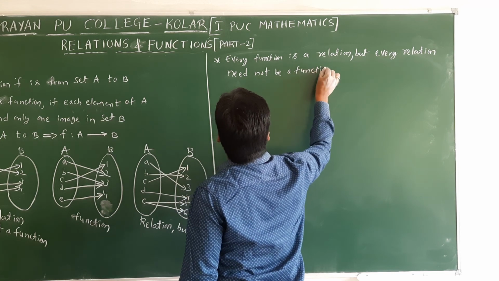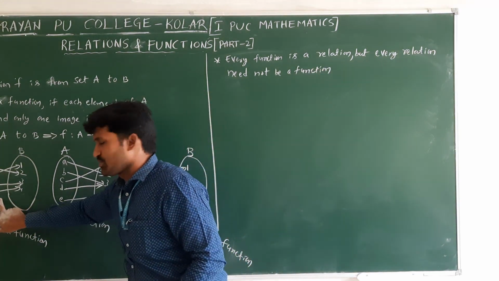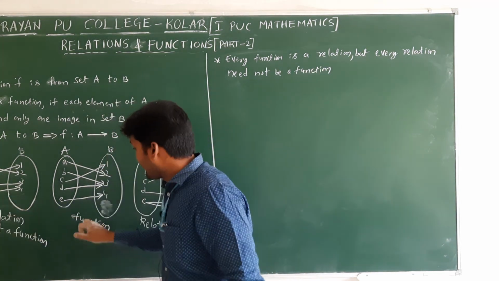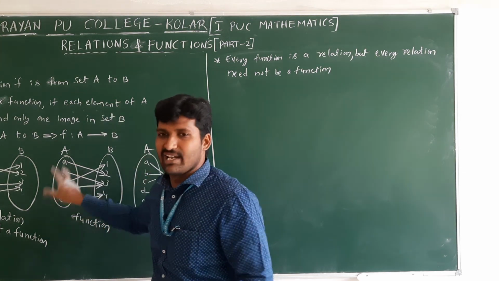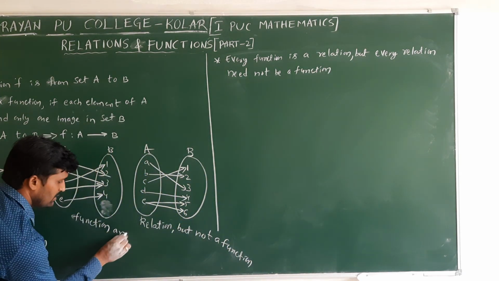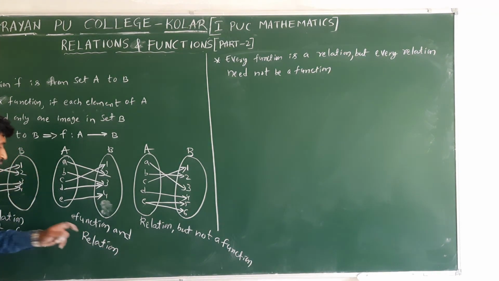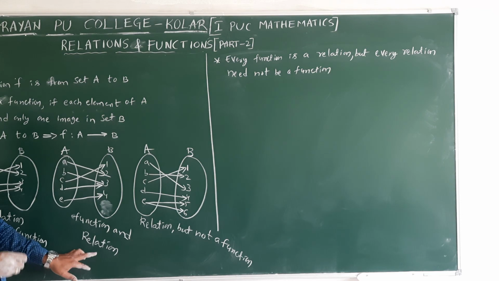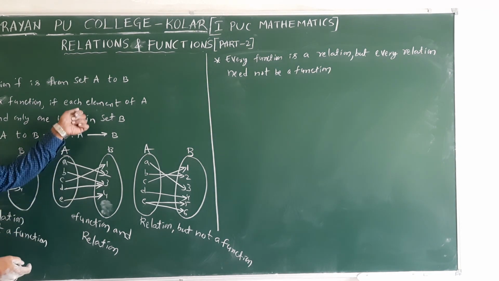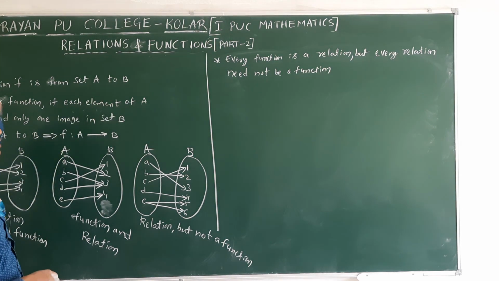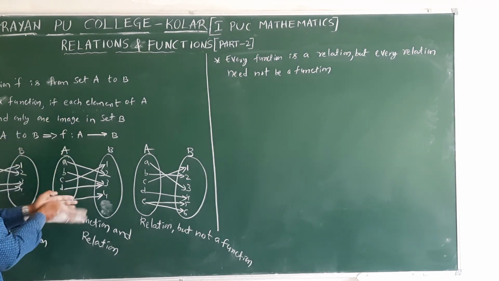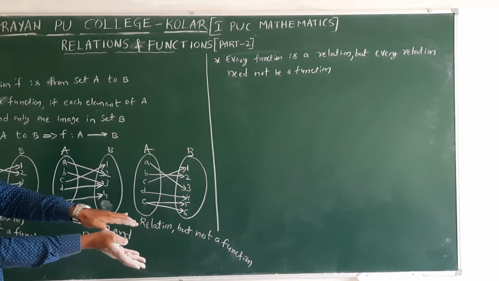For example, the arrow diagram here is a relation, but it is not a function. This one is a function, and it is also a relation, because a function is first of all a relation. When this relation has each element in set A with only one image in set B, then this relation changes to the function concept.